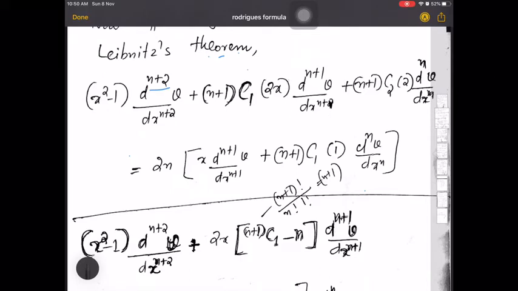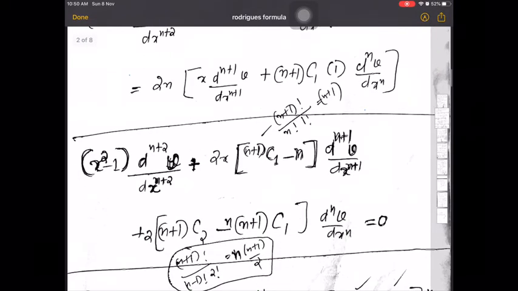As they combine, you have this 2x n plus 1 c1 minus n. Okay, then you have this 2n plus 1 c2 minus n into n plus 1 c1, d raised to n v by dx raised to n equal to 0.